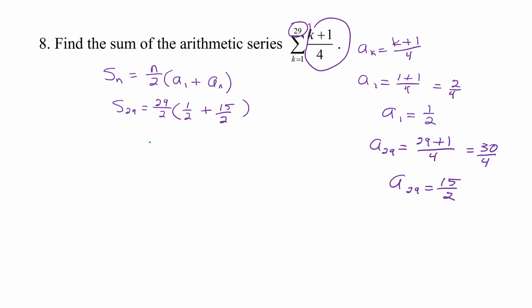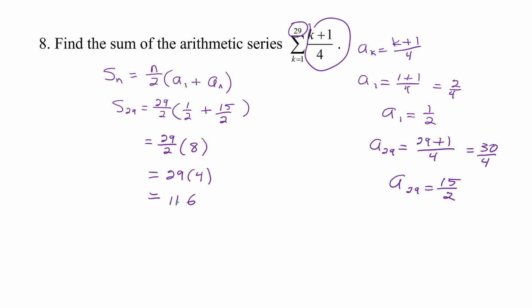Then we simplify. We have 29 halves times 1/2 plus 15 halves, which would be 16 halves. I could write 16 halves as 8. Then if we take 8 divided by 2, 29 times 4 is going to be equal to 116, if I did that right.